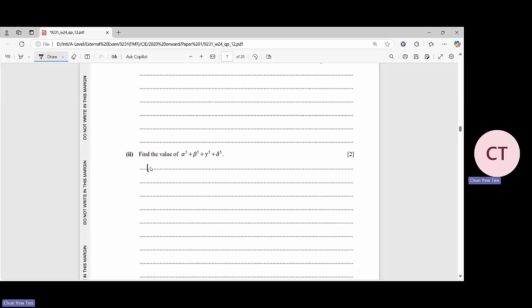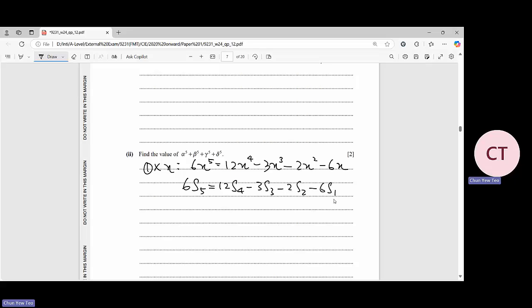I take equation 1 multiplied by x, I get 6x^5 equals 12x^4 minus 3x^3 minus 2x^2 minus 6x. Then therefore I have 6S5 equals 12S4 minus 3S3 minus 2S2 minus 6S1.